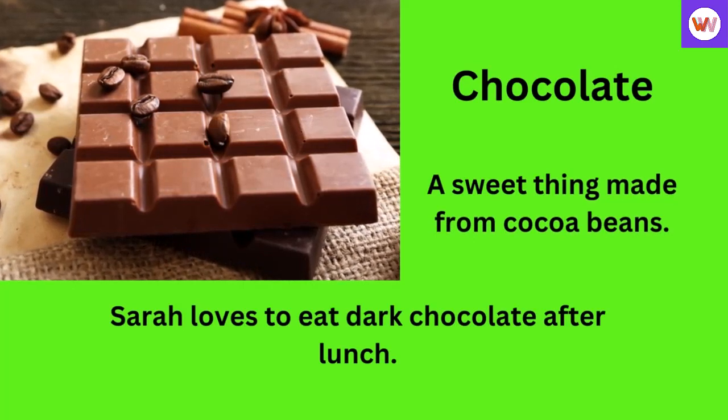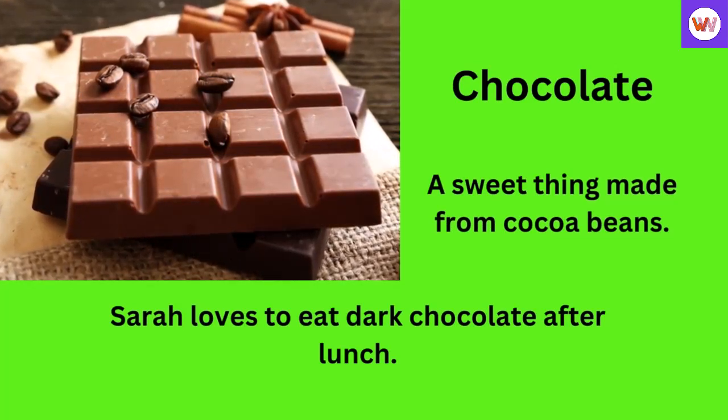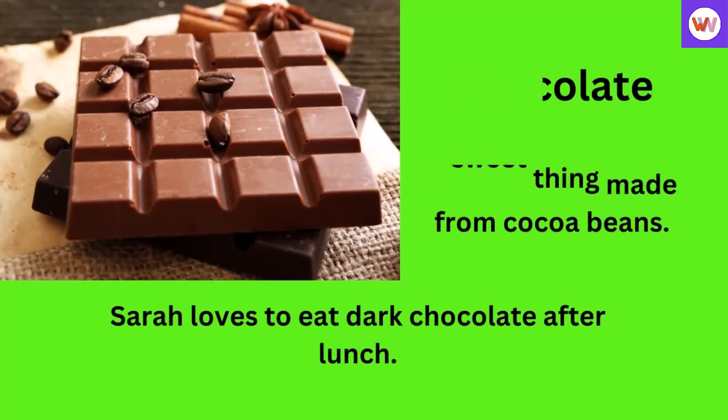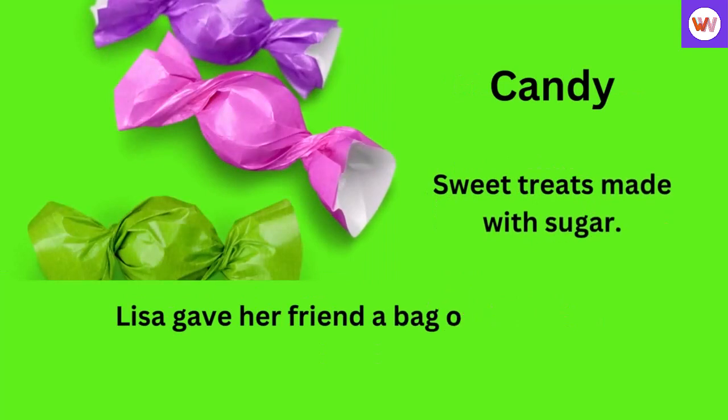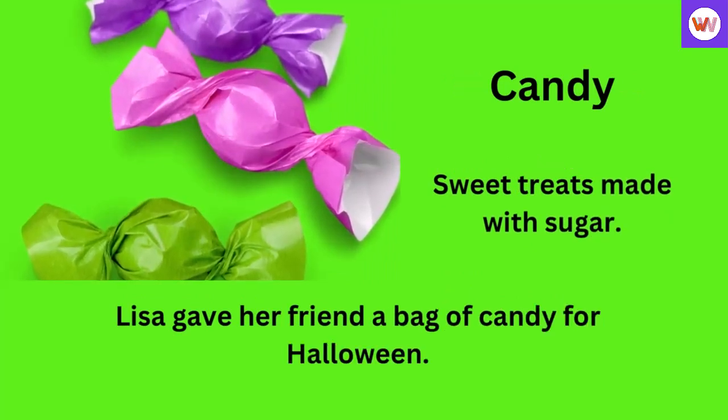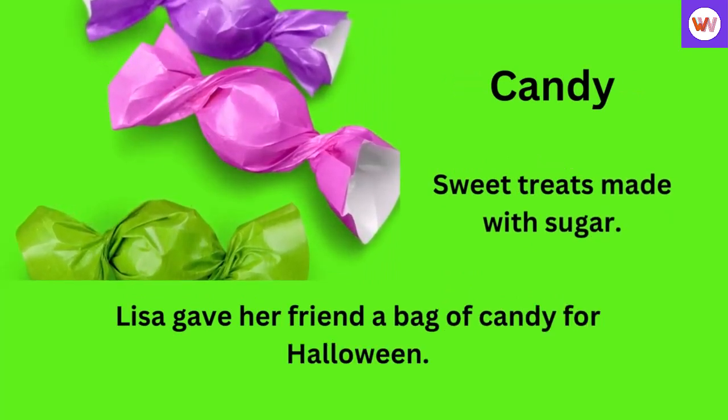A sweet treat made from cocoa beans. Sarah loves to eat dark chocolate after lunch. Candy. Sweet treats made with sugar. Lisa gave her friend a bag of candy for Halloween.